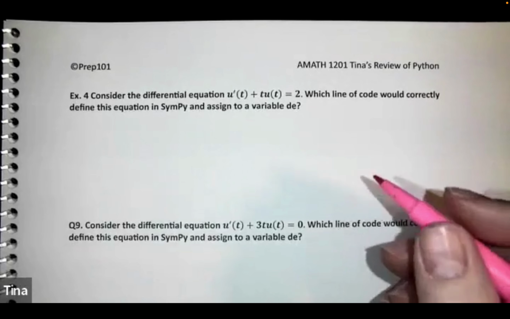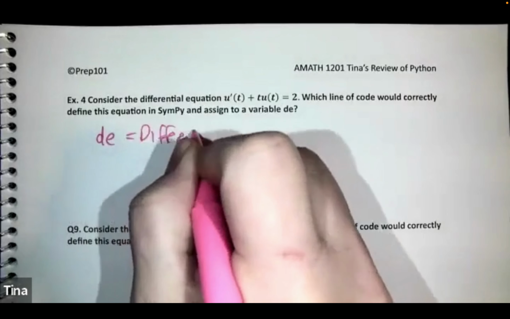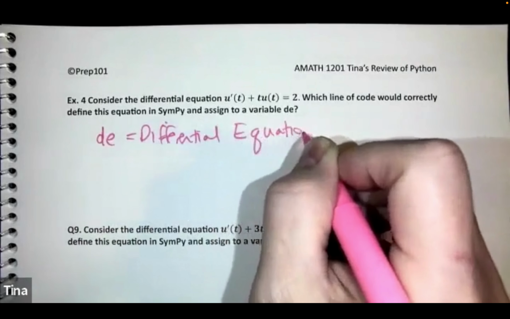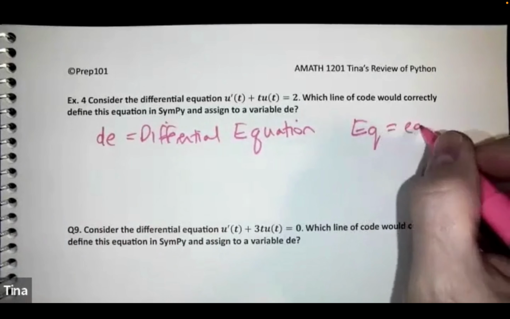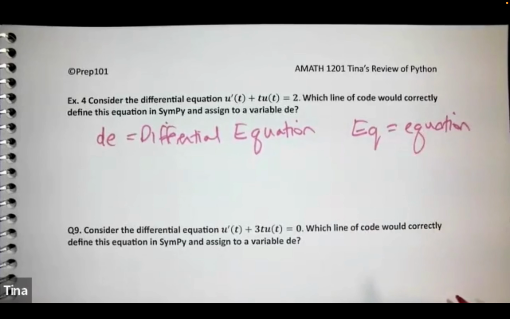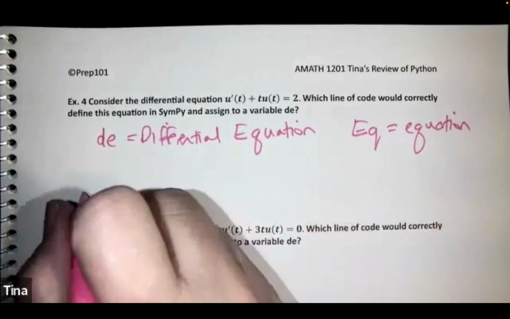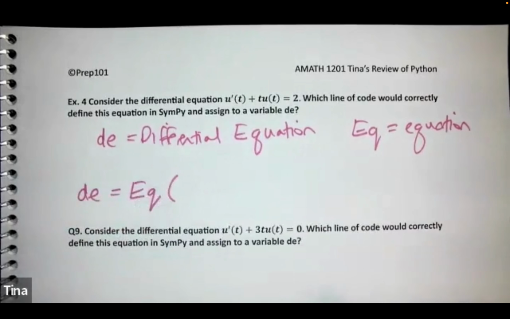So when you see DE, that stands for differential equation, like the ones we solved in section E, right? So EQ just means equation. So what it's going to look like is it's going to be DE equals the equation, bracket.